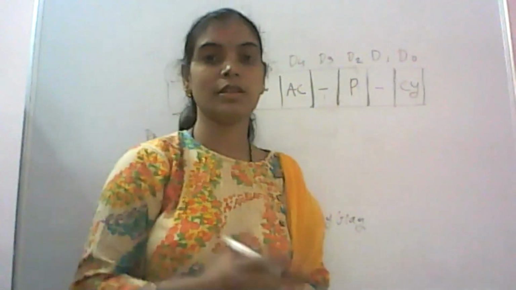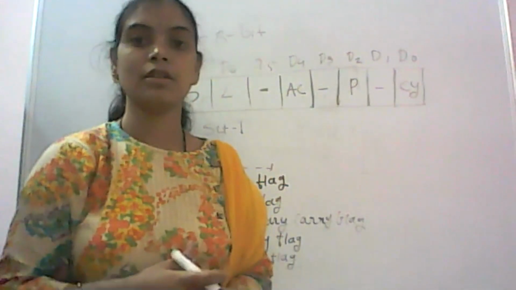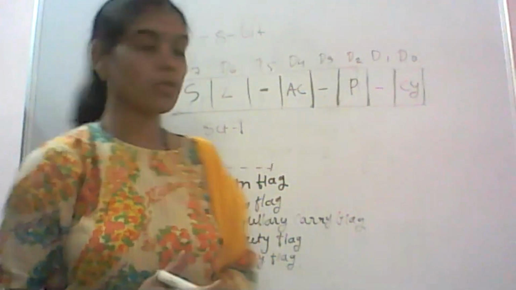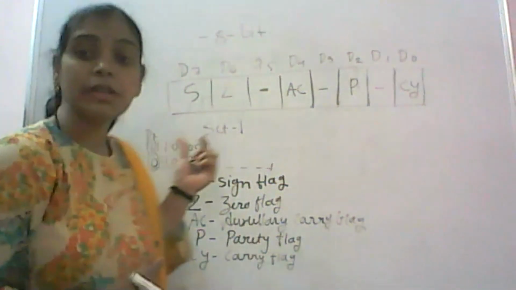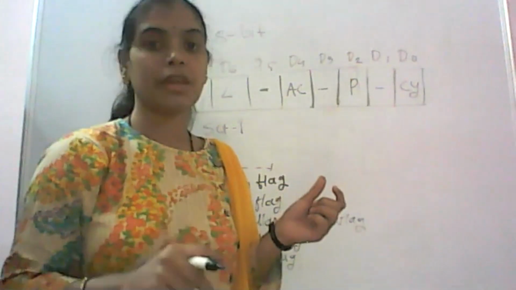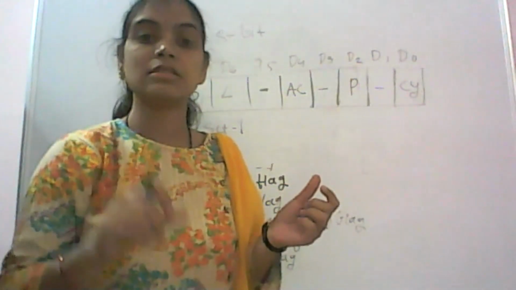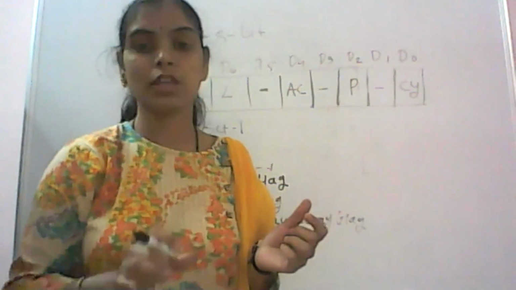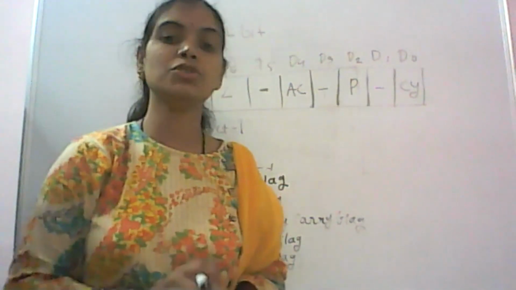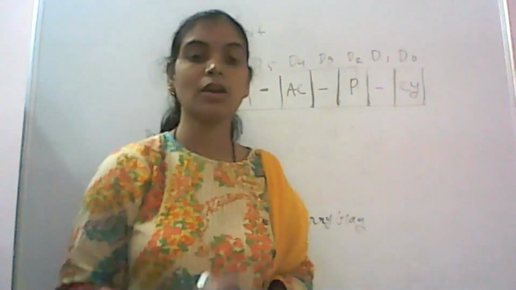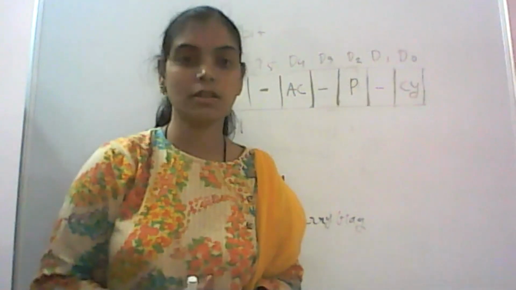We all studied last year in 11th standard binary numbers: when MSB bit is 1, that time the result is negative. So this sign flag is set when the result is negative. This flag is used only for signed numbers.